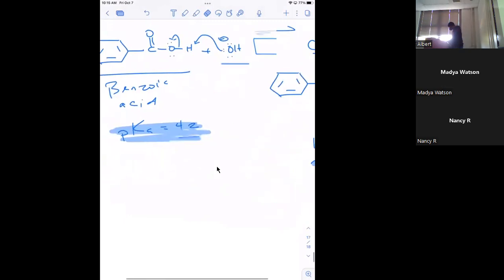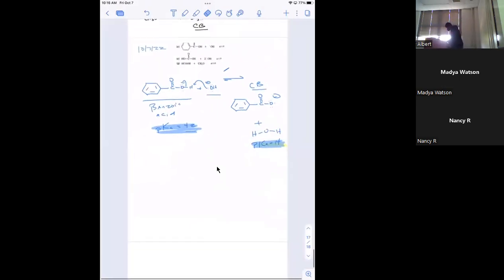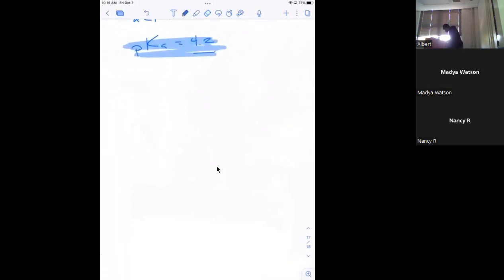How much better? How do we determine that? We're just going to keep driving the same points because we're trying to reinforce that. How do we know how much better of an acid benzoic acid is than water? How many times more acidic is benzoic acid than water? Delta pKa is 14 minus 4.2, about 10.2.